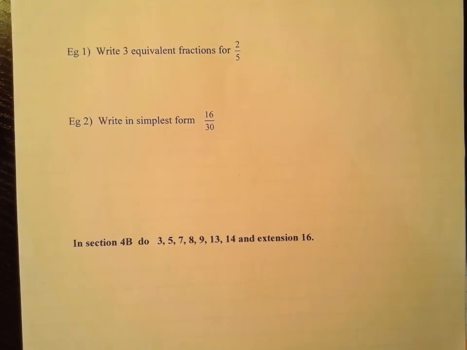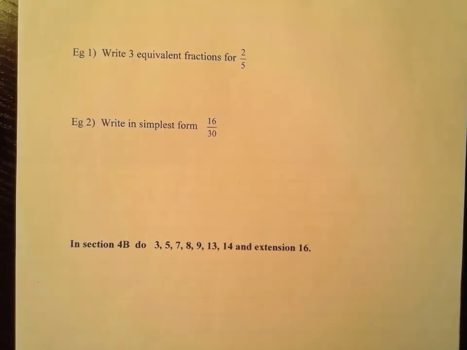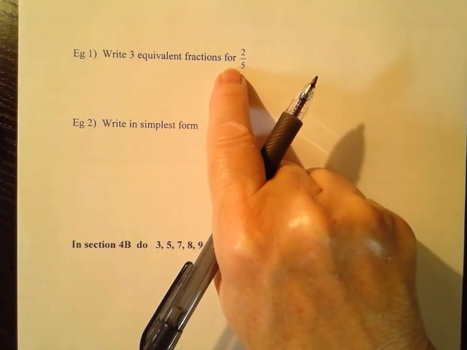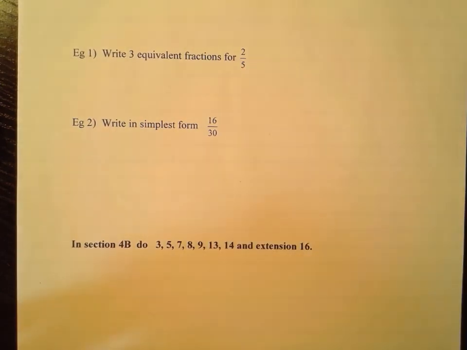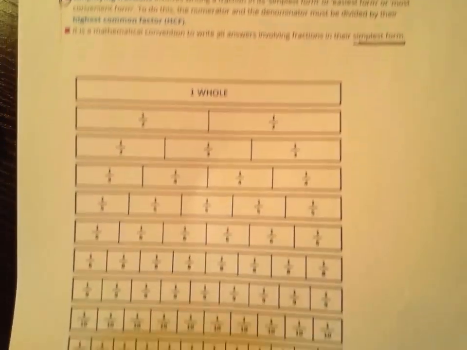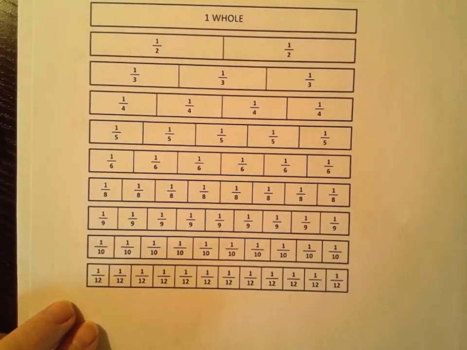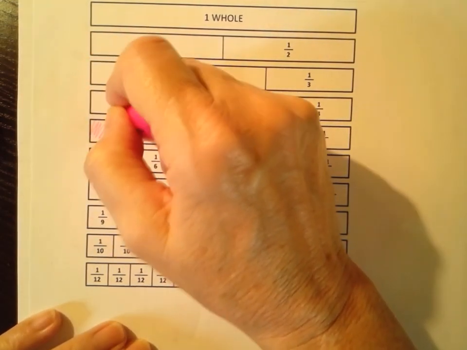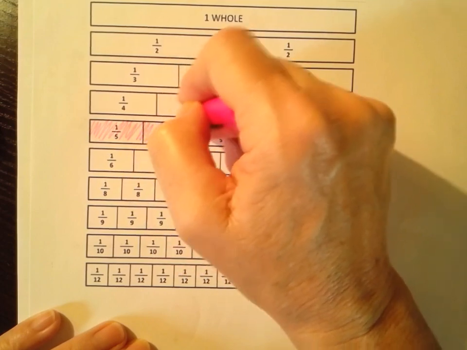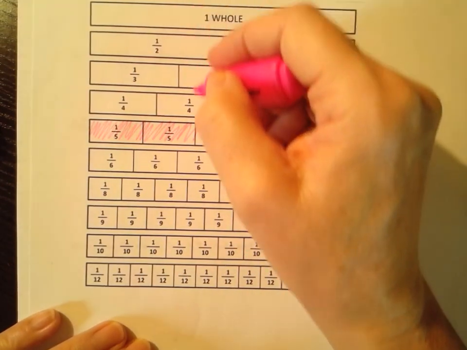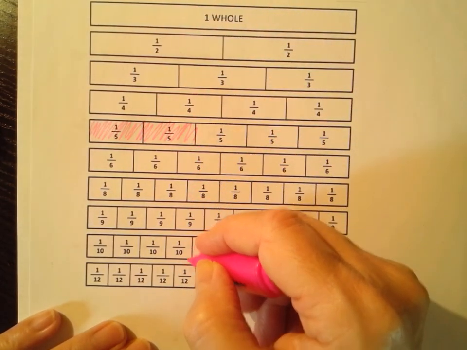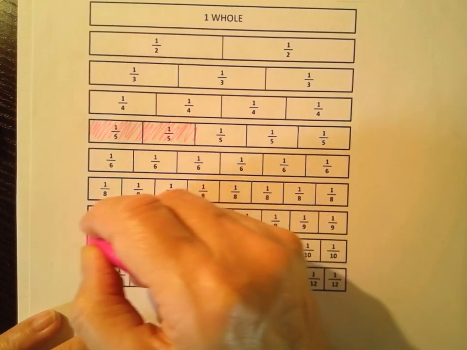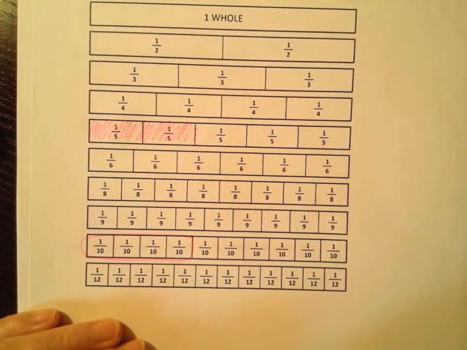Okay, let's do a couple of examples. It says, write 3 equivalent fractions for 2/5. I could use this fraction bar if I wanted to. I go to 2/5 and ask, do I see anything up here that's the same as 2/5? I can see right here that 4/10 is good.